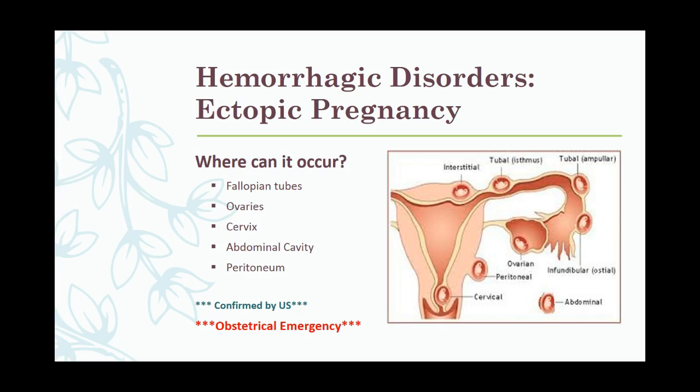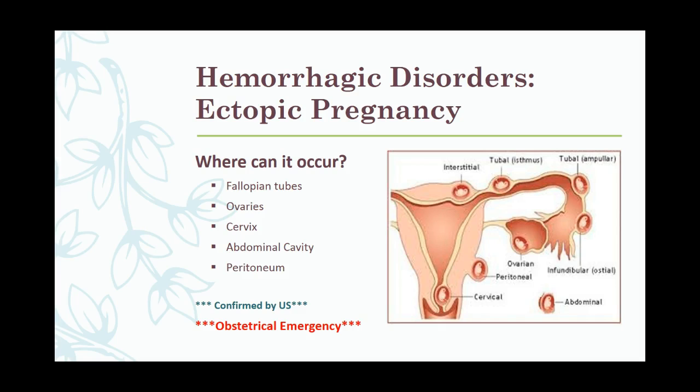These people present complaining of severe abdominal pain, and that pain could be in conjunction with vaginal bleeding, or you may not see any vaginal bleeding. But if you have a woman of childbearing age who presents in the emergency room complaining of this severe abdominal pain that will not go away, this should be one of your first thoughts.